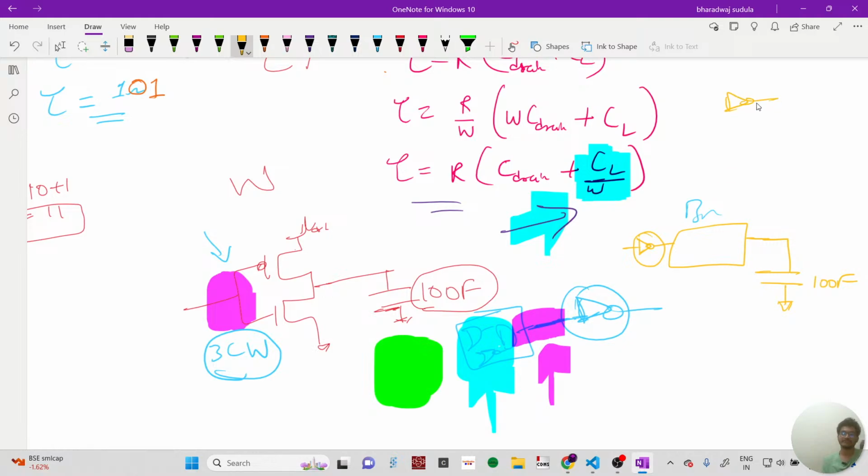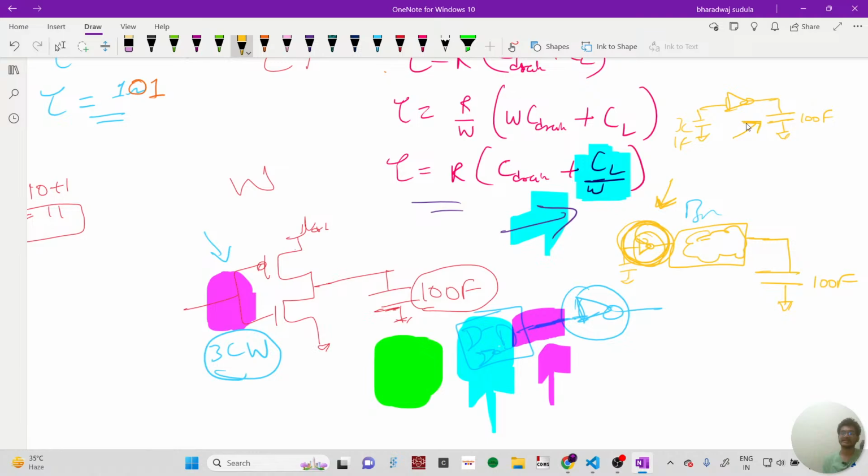Usually we have only one inverter. It is driving this 100 farad elephant with little 3C cap, which is 1 farad. So we have to introduce some logic here such that, there is some load on this inverter, right?